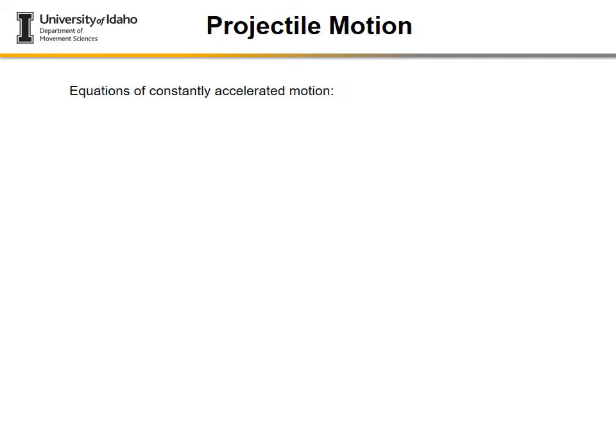So these equations are considered constantly accelerated motion, and we're going to talk about a few of them. The idea of this constant acceleration is because we've already talked about the force that we're looking at is gravity. And because we live here on Earth, we know that our acceleration due to gravity is negative 9.81 meters per second squared.